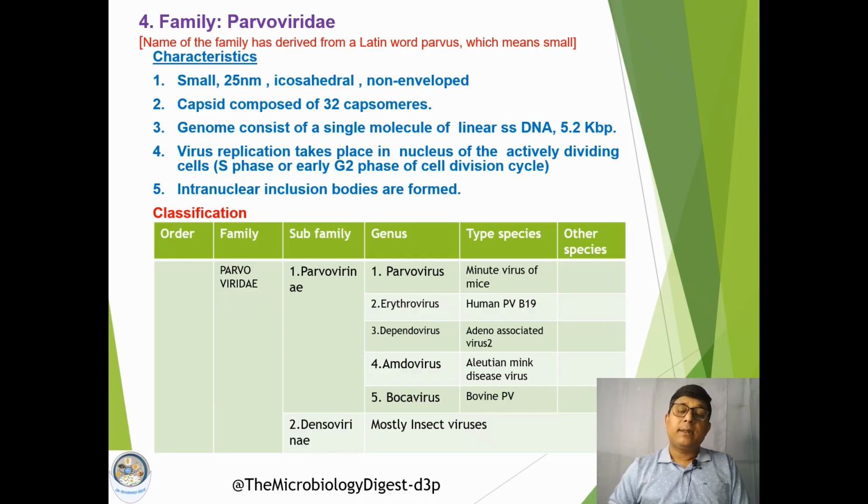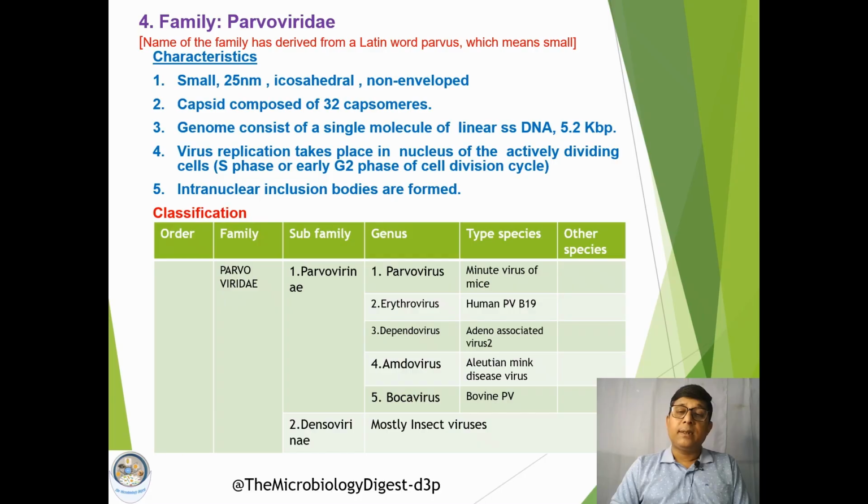Parvoviridae is among the DNA viruses. As we know, there are some DNA viruses with a single-stranded DNA genome. So Parvoviridae is one of the viruses having DNA as their genome, but it remains single-stranded.